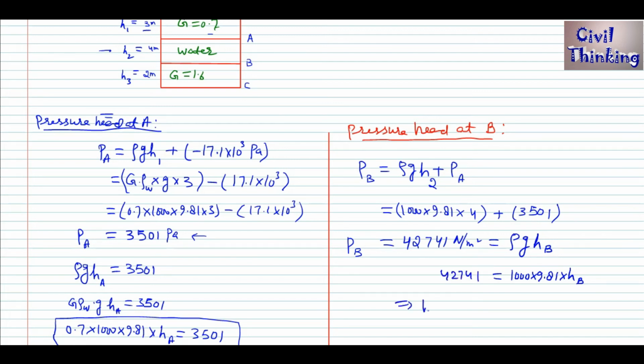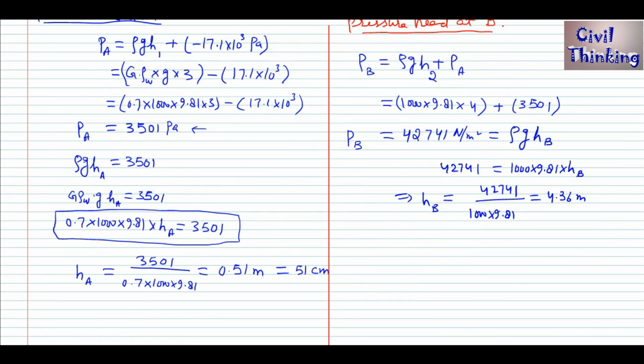From here we can find the head at B, which is 42741 divided by 1000 into 9.81. This is what I found, 4.36 meters. Now we found the pressure head at B.